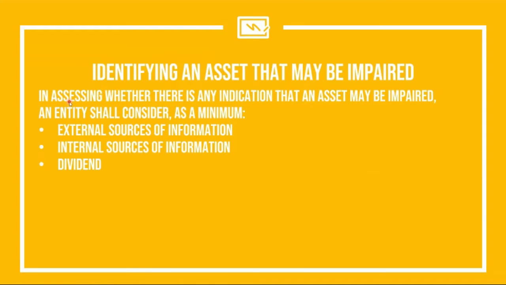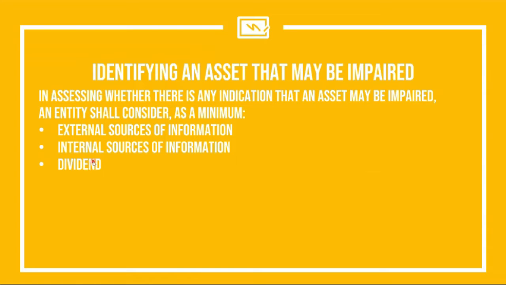Next, still under the same topic, in assessing whether there is any indication that an asset may be impaired, we need to consider as a minimum the information provided to us, such as external sources of information, internal sources of information, or valuation techniques using the dividend. Because the dividend is actually a good indicator of whether there is impairment for our investments.